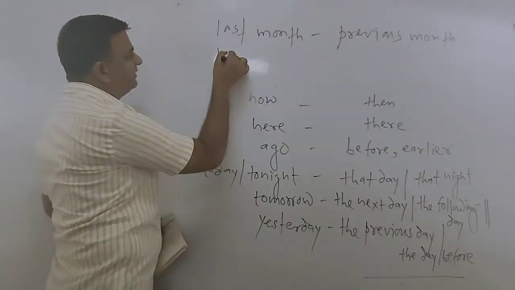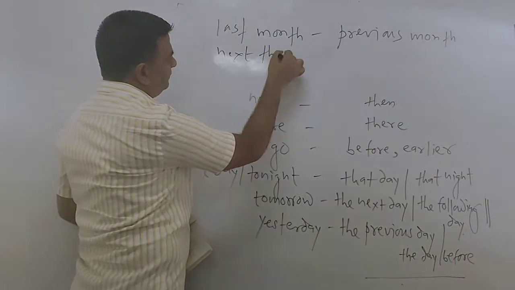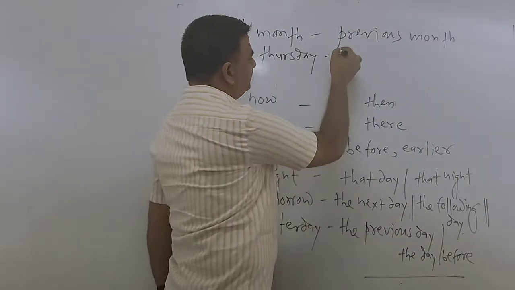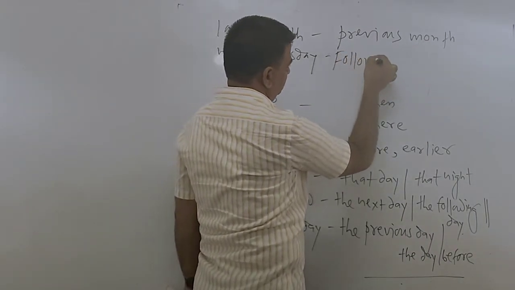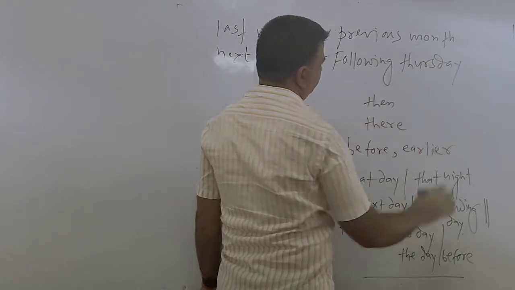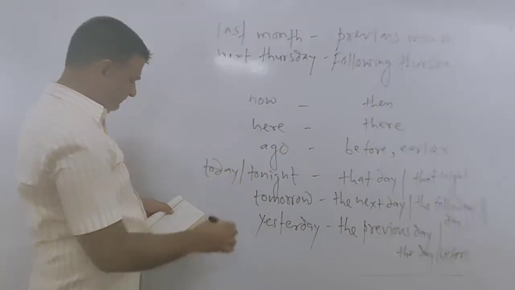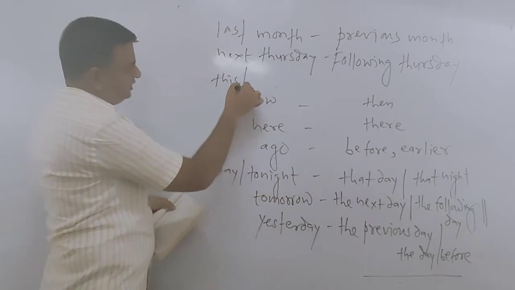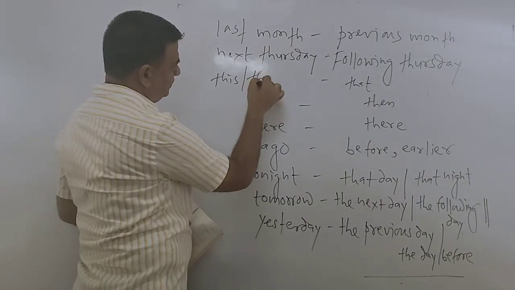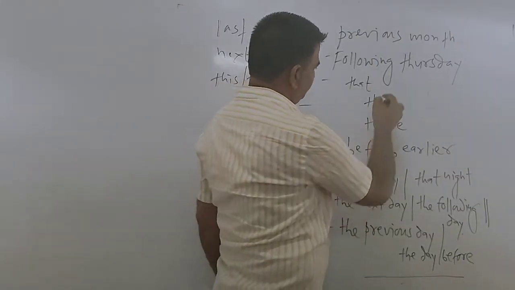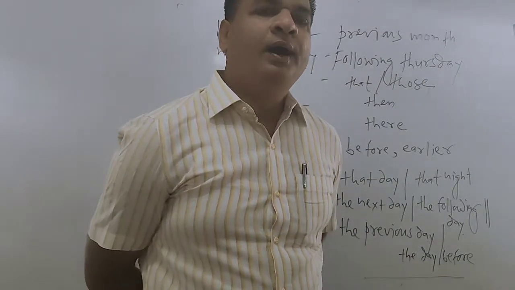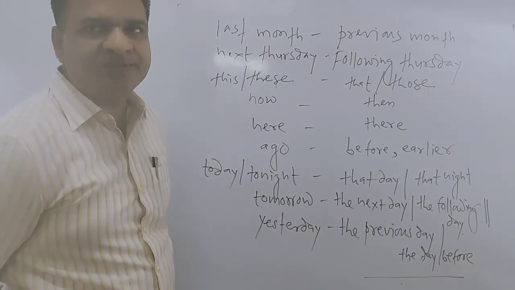Next Thursday into the following Thursday. Then this into that, and these into those. These are some changes we have to keep in mind while making indirect speech from the direct.